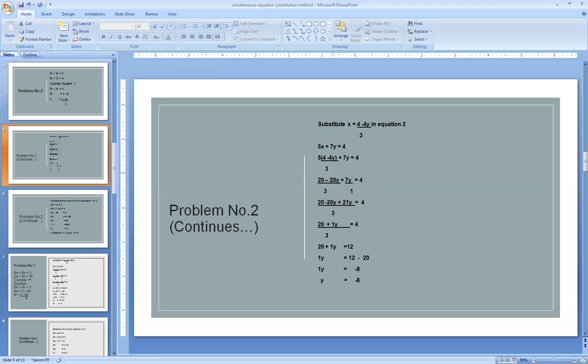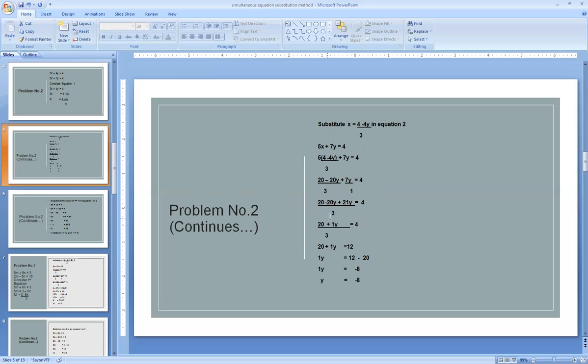Now in the denominator there is 3, and for the other term there is no number, so we assume it as 1. For 1 and 3 we take the LCM, which is 3. The numerator is 20 minus 20y, and for the other term the numerator is 7y.